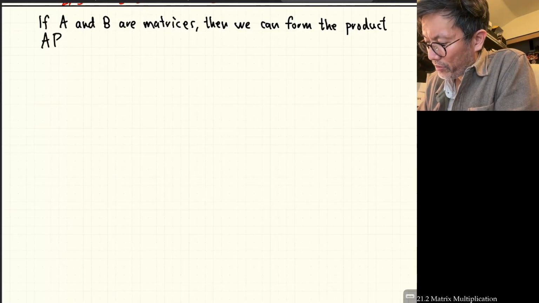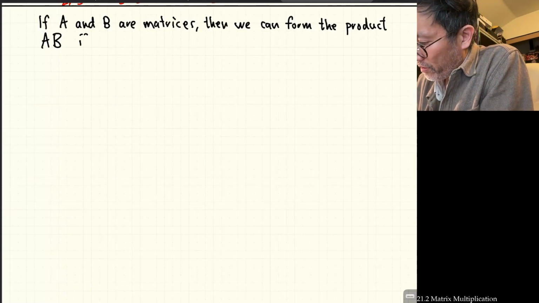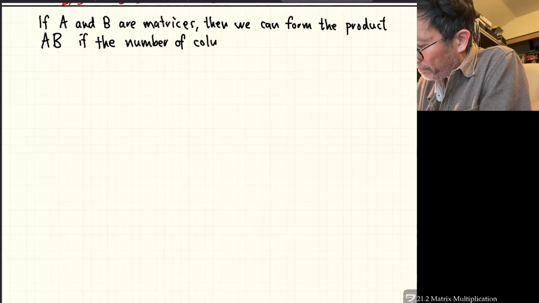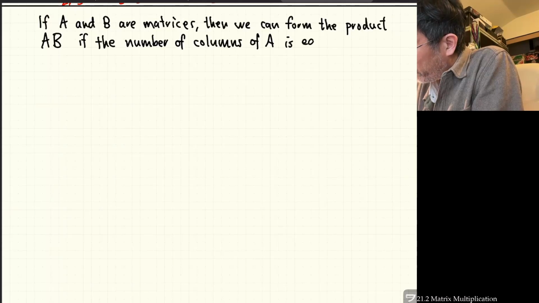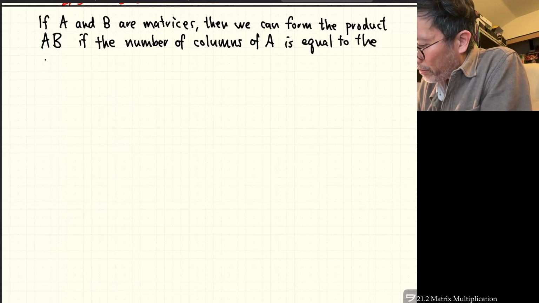We denote this just like this, A times B, if the number of columns of A is equal to the number of rows of B.